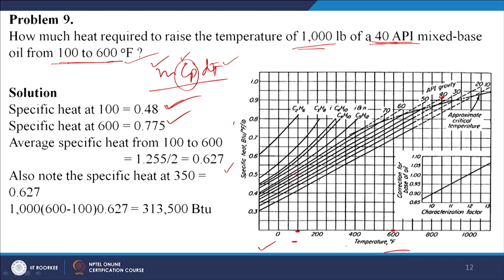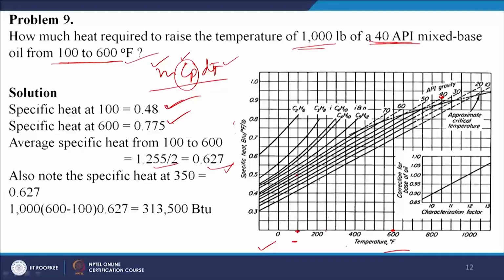Then what will be the average? So, we will be getting the average by this plus this divided by 2, that is equal to 0.627. So, the average Cp value is 0.627. Another way we can also get that: 100 and 600, so in between is 350.